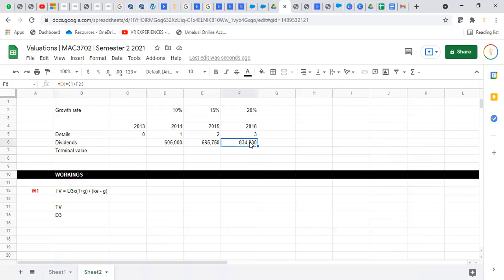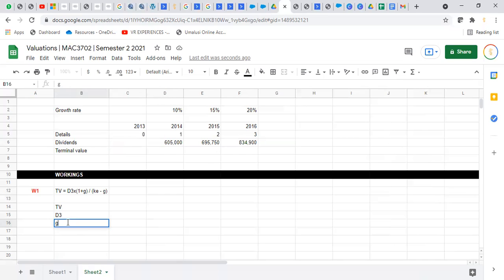If I was using the cash flow method, this wouldn't be called dividends. This would have been called free cash flow, so I'd say free cash flow year 3. That is the last cash flow of the explicit period. Then I want the growth rate. They gave us the growth rate for the terminal value. Remember, the terminal value comes into play when things become constant. So it comes into play from 2017 onwards.